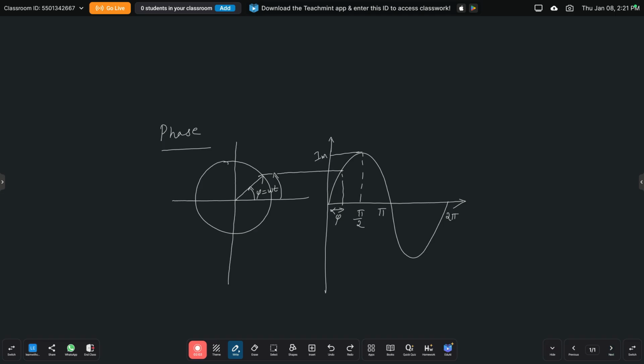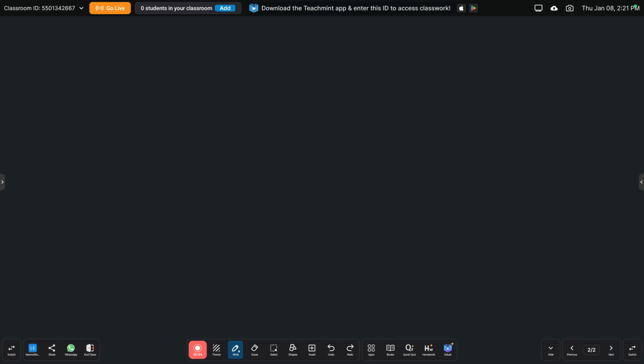Now let us take a phasor having a magnitude as well as a time period, rotating about its axis. Let the angle traveled by this be phi, which equals 0. When the phase of an AC quantity is 0, it is a pure sinusoidal quantity having the instantaneous value 0 at t equal to 0.